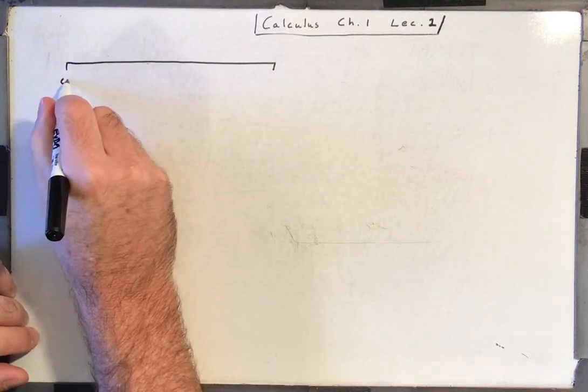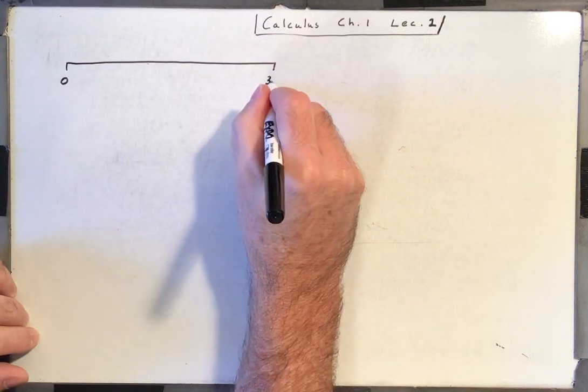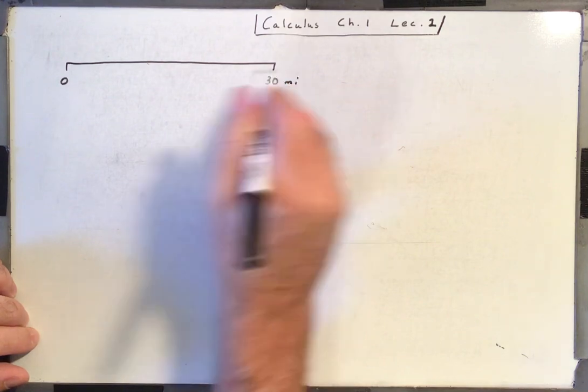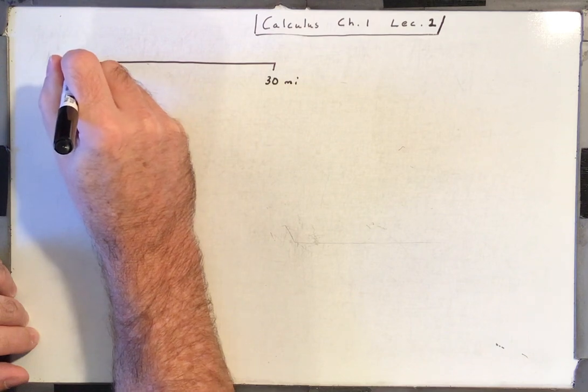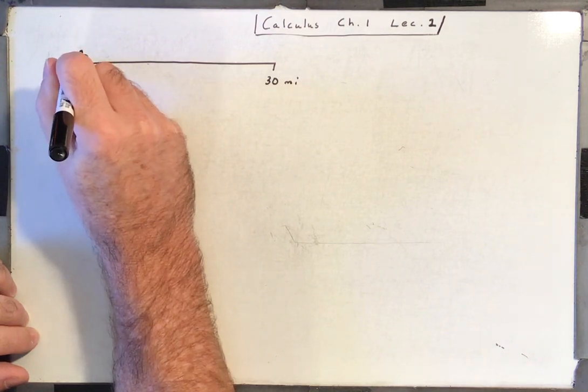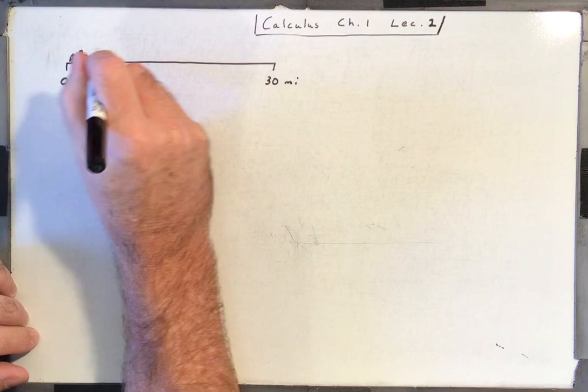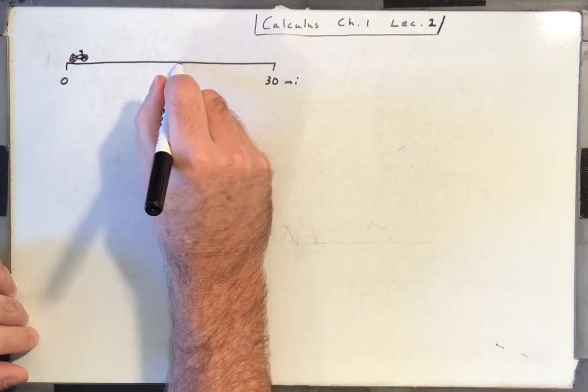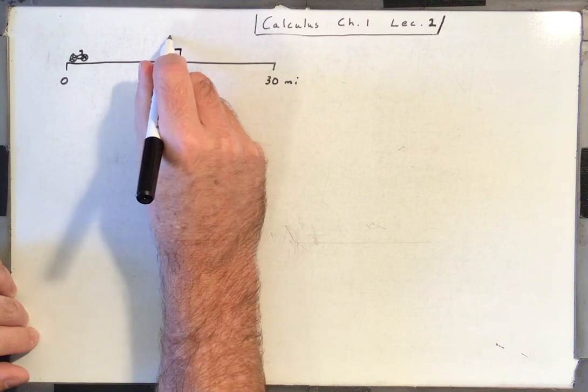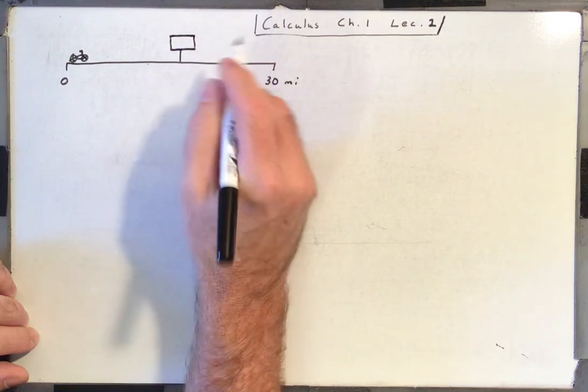So we've got 0 miles, 30 miles. Got our bicycle. All right, and our speed limit sign at the 20-mile mark.